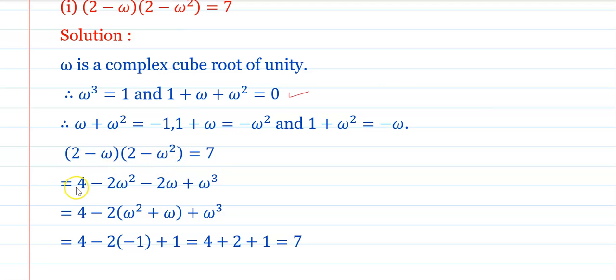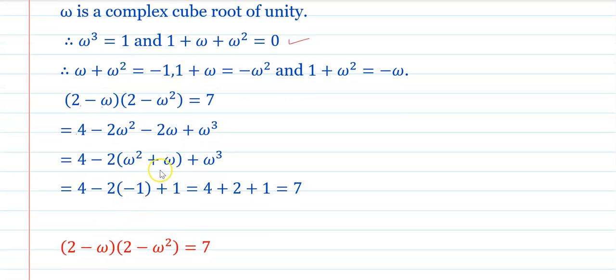2 into 2 you will get 4. 2 into minus omega square is minus 2 omega square. Minus omega into 2 is minus 2 omega. Minus omega into minus omega square, minus will become plus, omega cube. Okay, and from these two we take minus 2 as common, and then in the bracket you will get omega square plus omega.